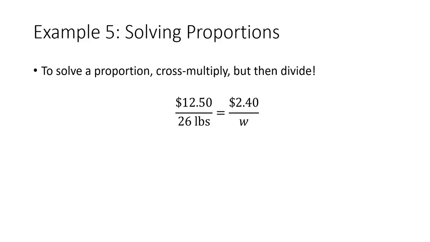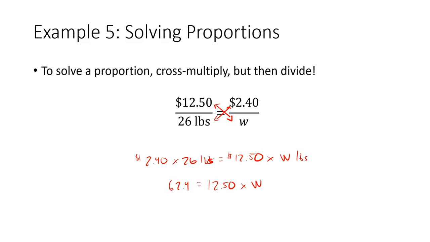We can do the same thing here, cross multiply and then divide. 240 times 26 equals 1250 times W, however many pounds. 240 times 26, 2.4 times 26 equals 62.4. 12.50 times W. To find W, we just divide by 12.50. $62.4 divided by 12.5.